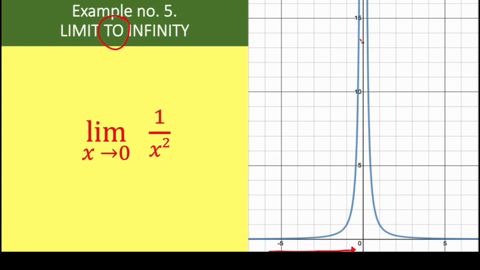Notice that the y value gets larger and larger, and we now say that the limit at the left is positive infinity. If we are coming from the right, what is the limit of the function as x approaches 0 from the right? Notice also that the y value is getting higher and higher to positive infinity. So the left hand and the right hand limits are the same, so the two-sided limit exists, and that is equal to infinity. So as x is getting closer and closer to 0, the y value is going to infinity.